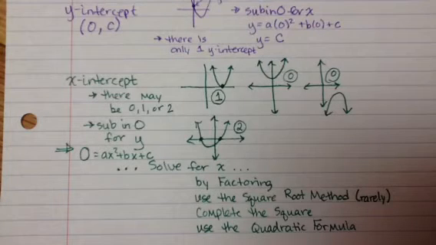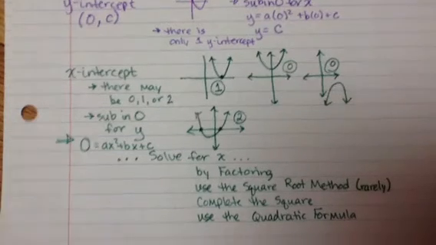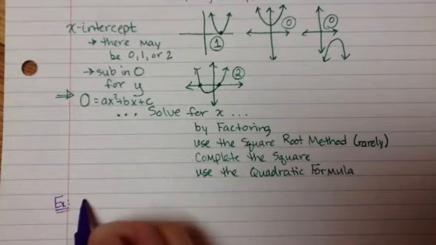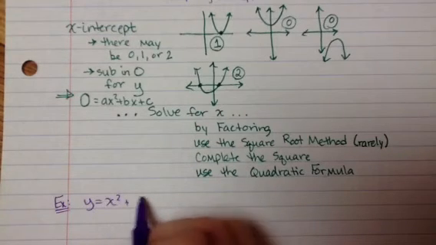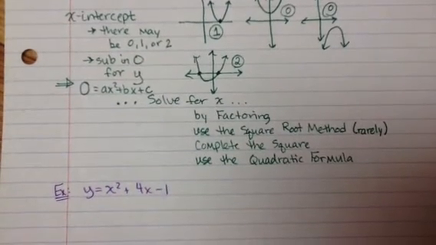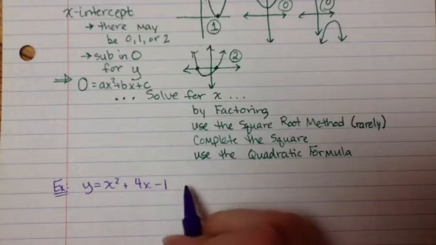So let's go ahead and look at an example of finding the X and Y-intercepts in standard form. So y equals x squared plus 4x minus 1. And I want to find the X and Y-intercepts.